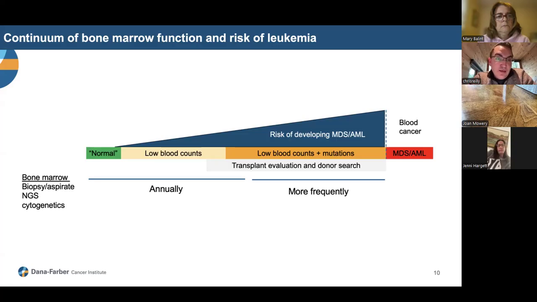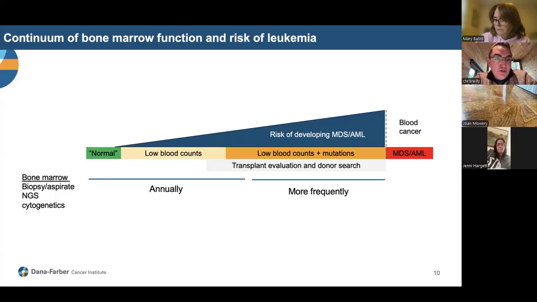I think what we're realizing is that we have a much better tool in next generation sequencing. That's something that is going to be increasingly emphasized, and I think it should, as we realize that it's often the molecular changes, those mutations, that precede anything that we can see with our eyes.